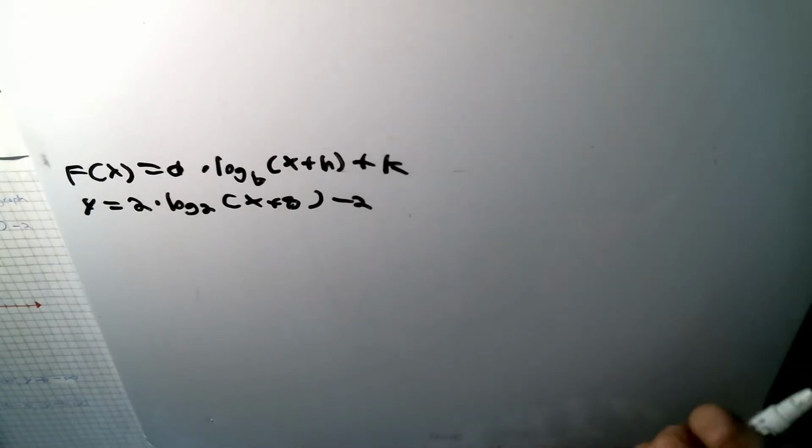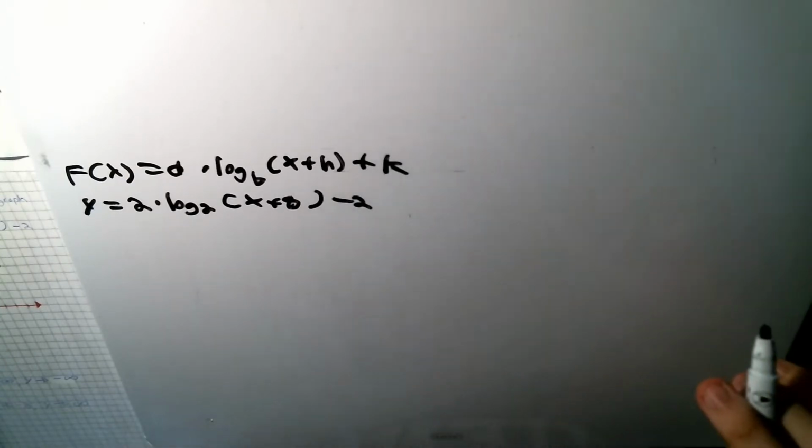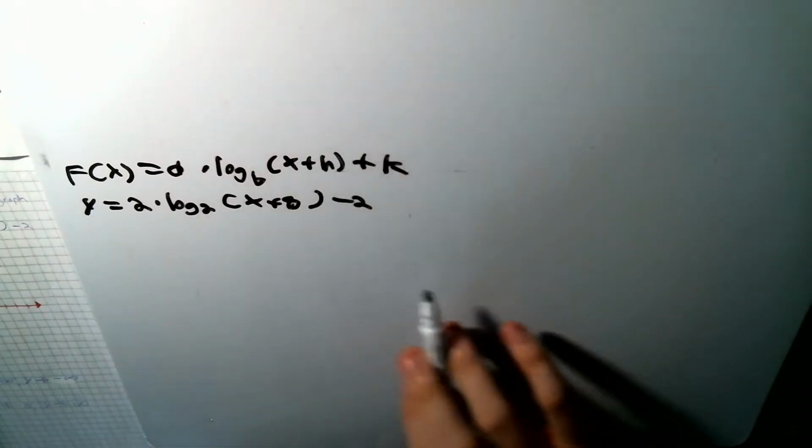What we are going to do from this is get the asymptotes, get the intercepts, and graph this, plus a few extra pieces of information that might be useful to some people. So we have this, right? Because this is a logarithmic equation, there is some information that we already know.